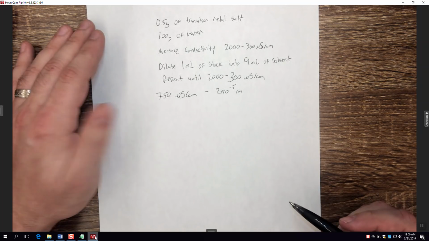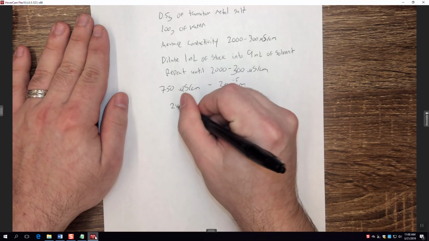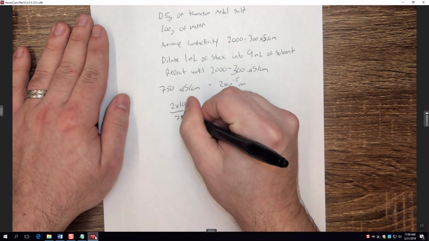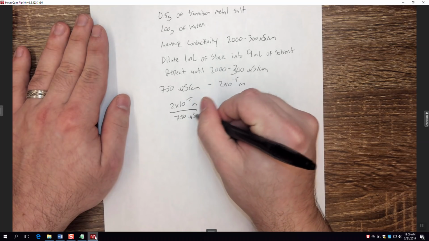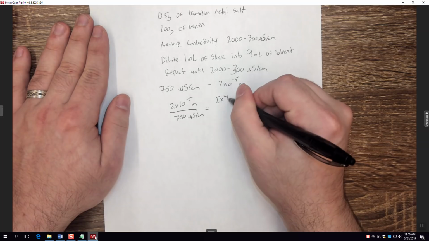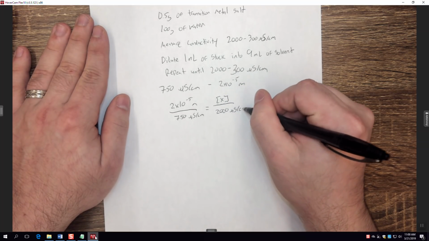To do that, we're going to set up a proportionality. We can say that 2 times 10 to the minus 5 molal is to 750 microsiemens per centimeter as some concentration X is to 2,000 microsiemens per centimeter.